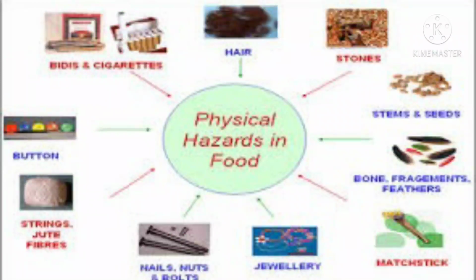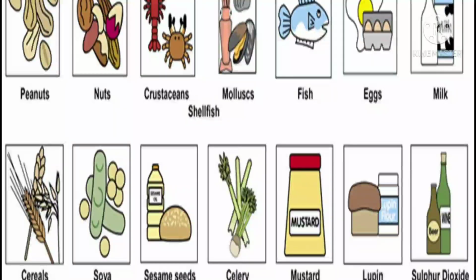Physical hazards may be glass, packaging, jewelry, pest droppings, screws, etc. And the allergens refer to the risk associated with the unintended presence of one or more of the 14 EU listed food allergens due to cross-contamination.